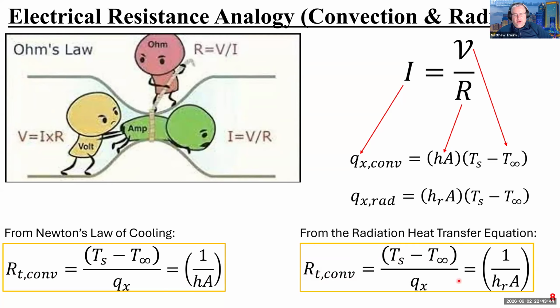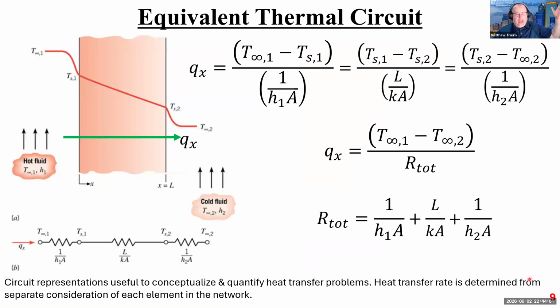Temperature difference divided by Q, that's equal to 1 over h_R A. And so I've now got expressions for the equivalent thermal resistance for conduction, which was the previous slide, and convection and radiation here. So I can now, voila, write thermal circuits using this resistance analogy, where 1 over hA is a convection, and L over kA is a conduction.